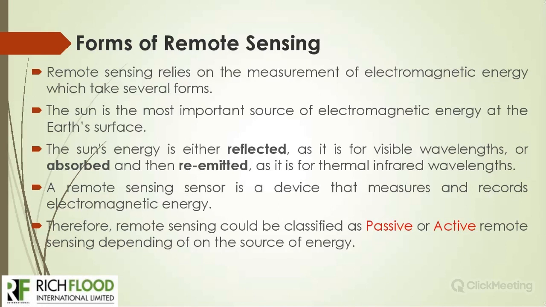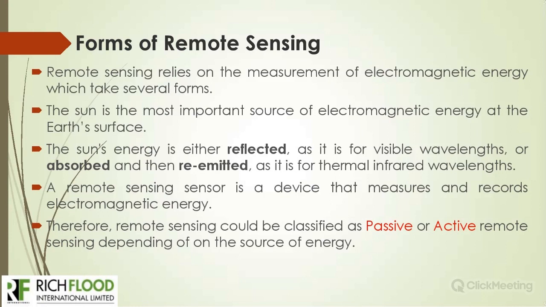So what measures the electromagnetic energy within this remote sensing system, whether it is satellite imagery or otherwise, is the sensor. The amount of energy that the sensor receives, or the wavelength of the energy it receives, will help you understand the phenomenon on the Earth's surface that you are trying to study.